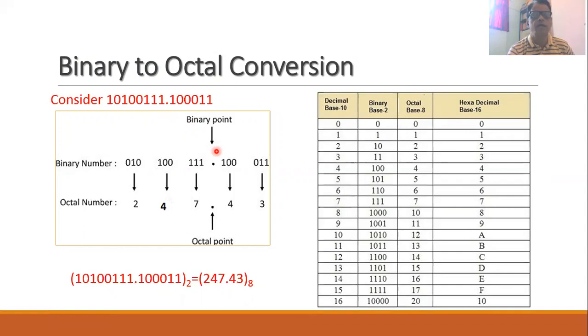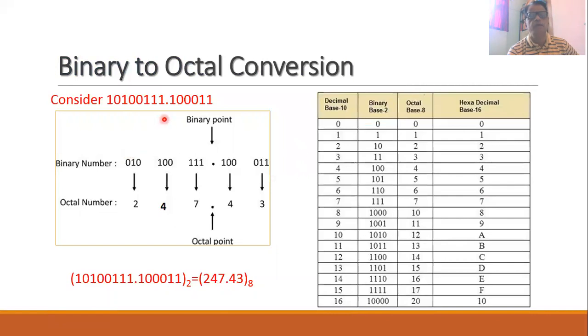I will start from the binary point, go to the left hand side and make groups of 3 binary bits. So the first group will be 111, the second group will be 100, and in the third group you will find that there are only 2 bits left, 10, and since I want a group of 3 bits, I will add a 0 over here.